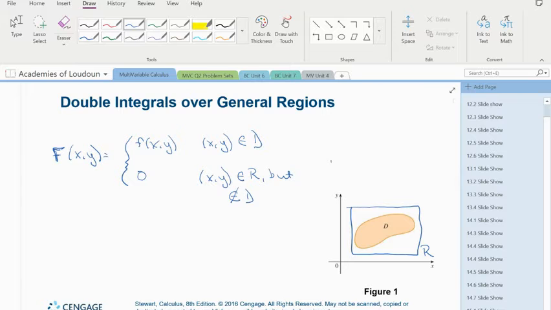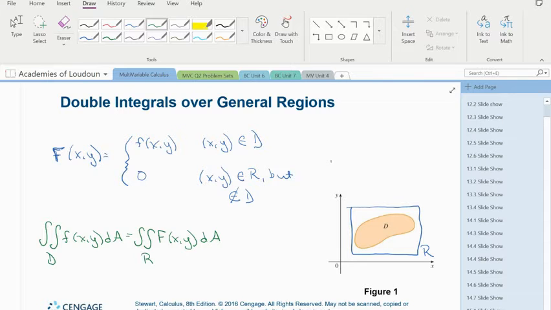So if f is integrable over R, then we're going to define the double integral over region D of f of x,y dA to be equal to the double integral over the region R of capital F of x,y dA, where F is given as shown in the equation above.